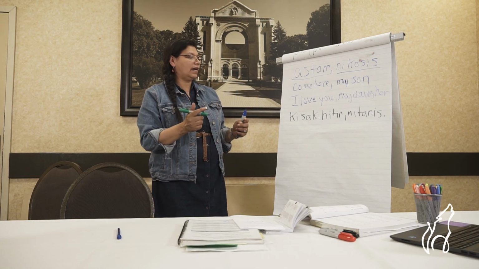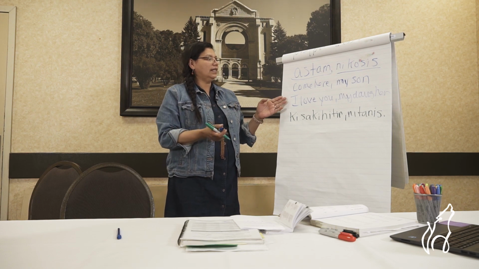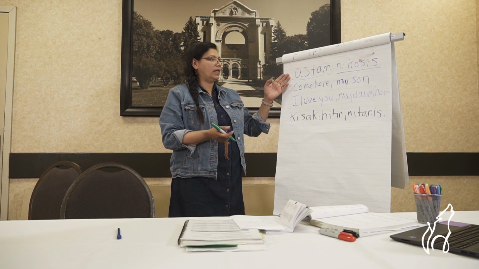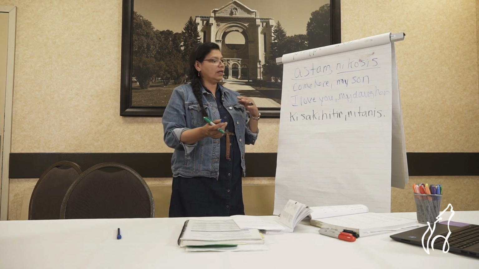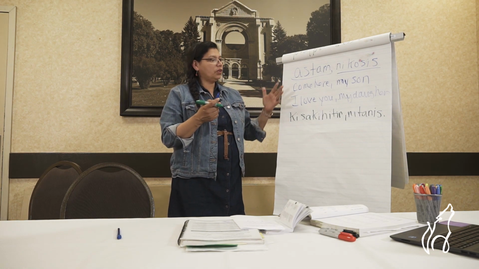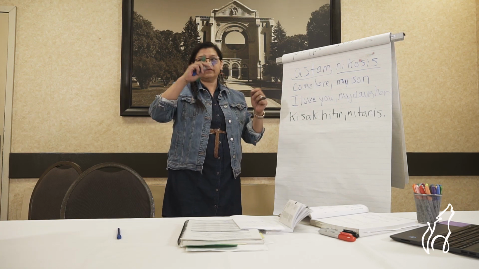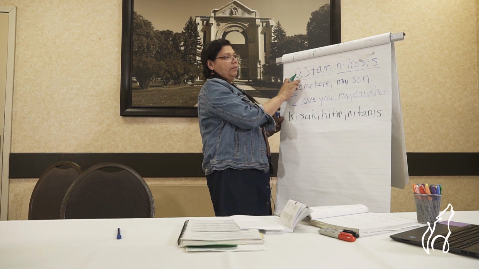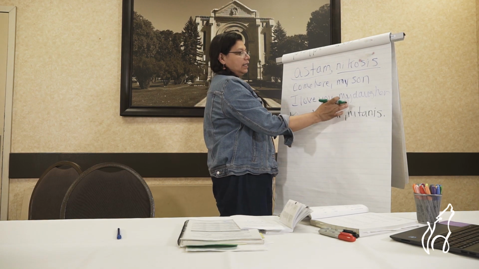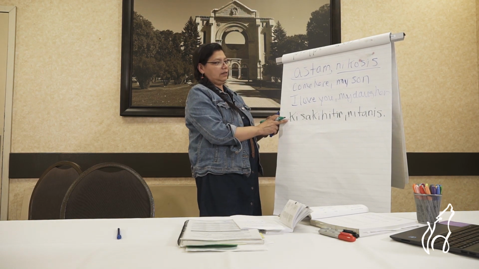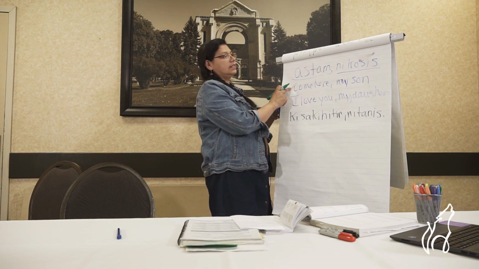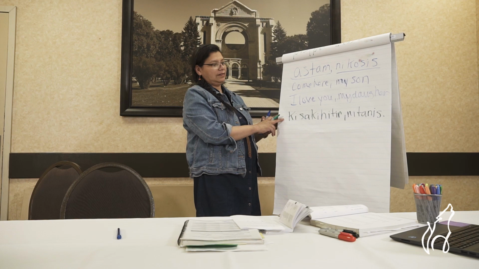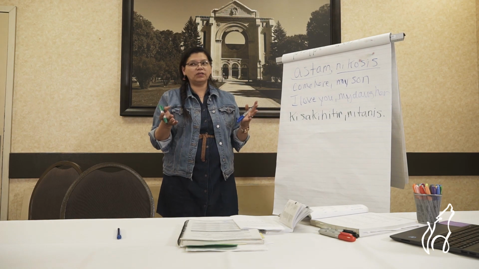So don't think you need to say I love you right away or astam. With Cree, you could turn things around. So say negosis astam. Nidanis kisagitin. Astam negosis. Kisagitin nidanis. Either way, it sounds beautiful.